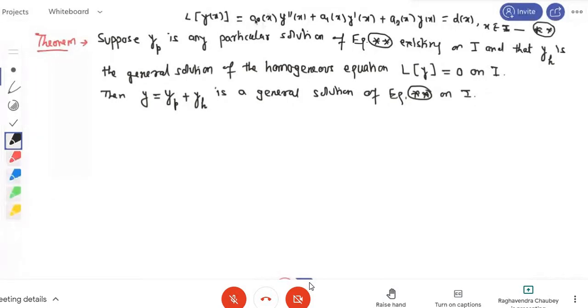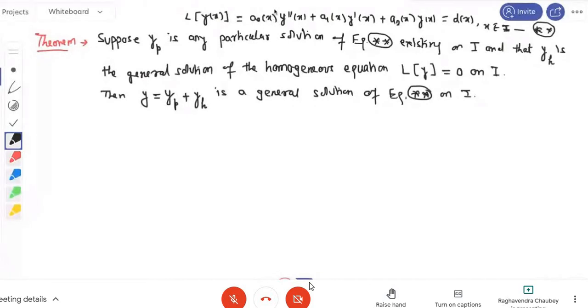If we try to reduce this to normal form, we divide by a0(x) here, and if a0(x) is not equal to 0, then this differential equation is homogeneous.